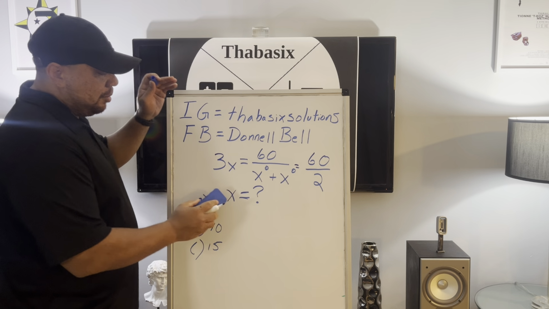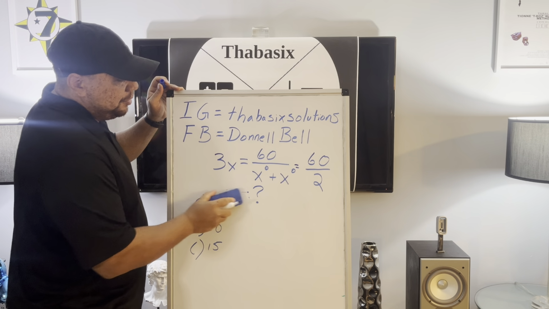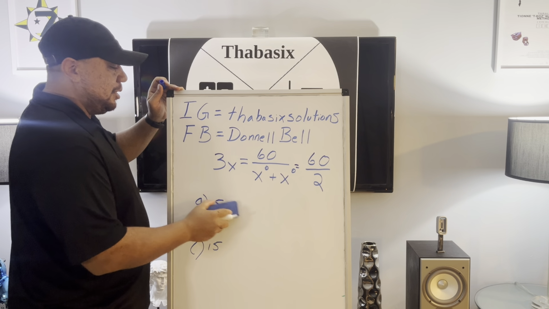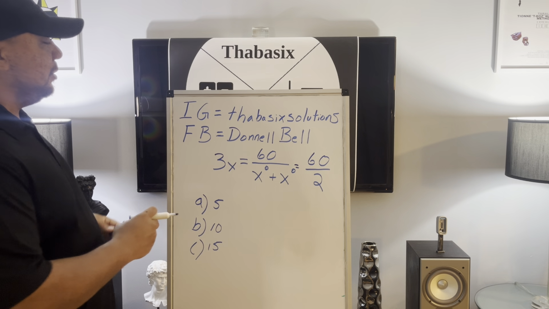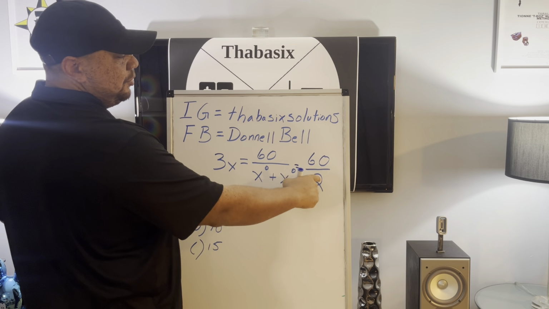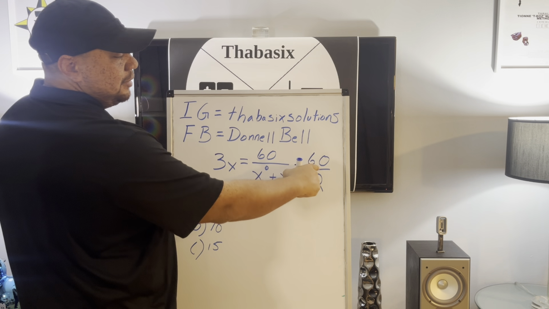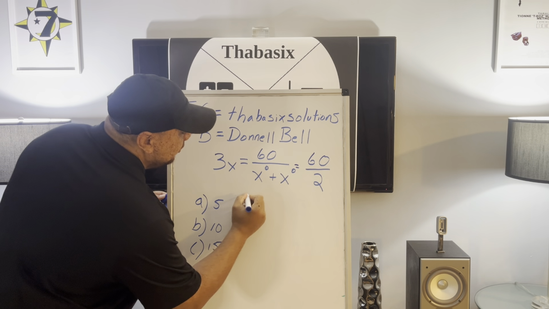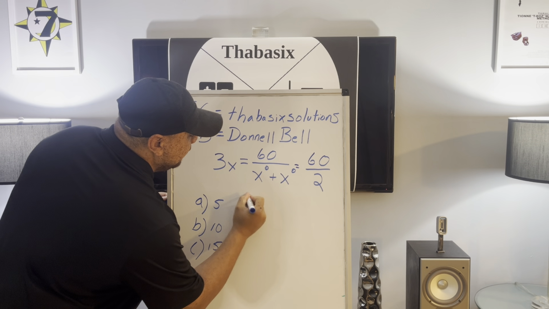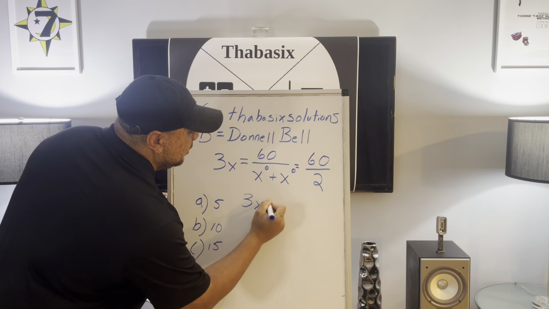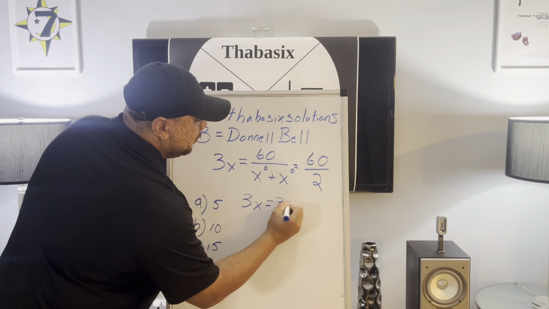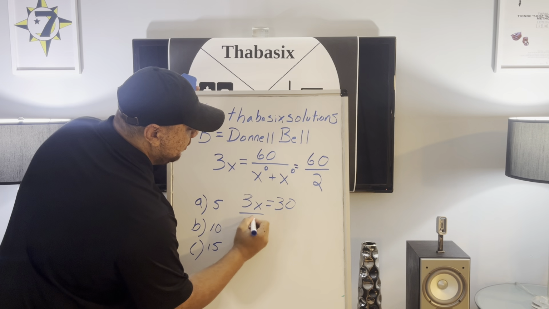All right, and I'll erase this and I'll do the math out for you, kind of just to knock the rust off a little bit. 2 goes into 60. I'm not going to do the full math. It just would equal 30. So 3x equals 30, and you divide by 3.